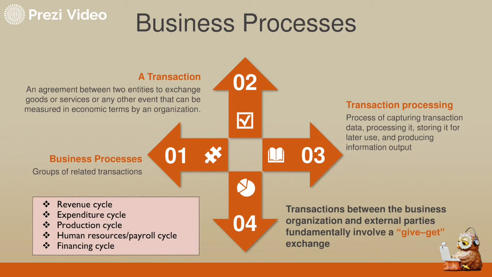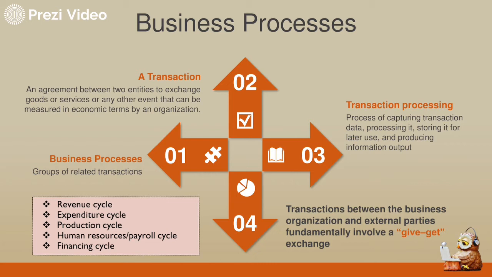First they capture, okay, and then produce information as an output. Transactions between the business organization and external parties fundamentally involve a give-get exchange, which I mentioned in the last slide just now.